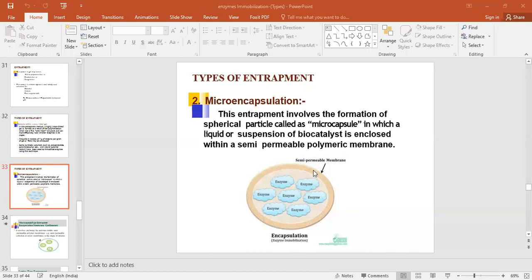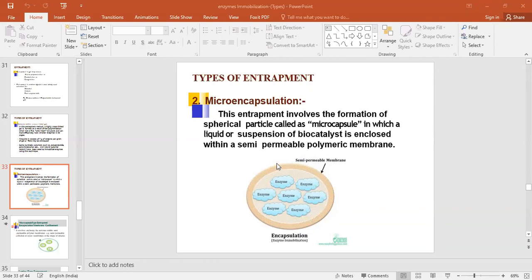Because your substrate has to diffuse through it. Your substrate has to go inside, and after that your substrate will react with the enzymes. So for that purpose this material should be a semi permeable membrane.